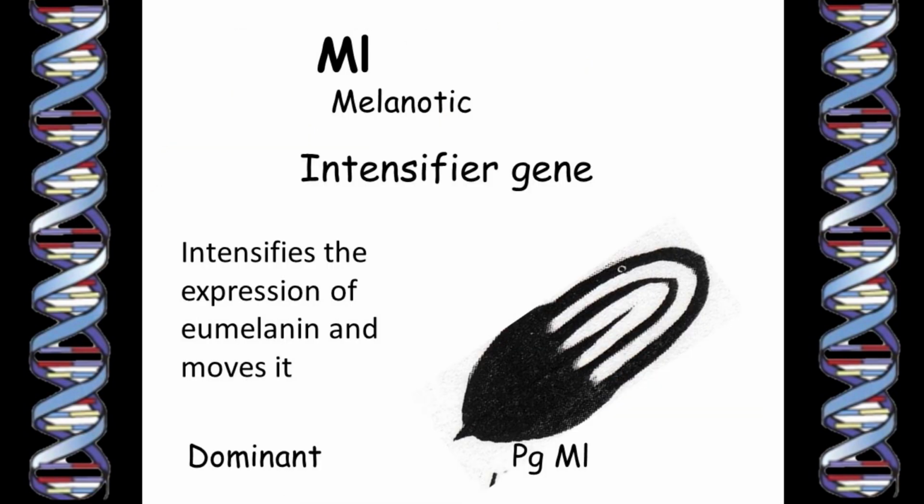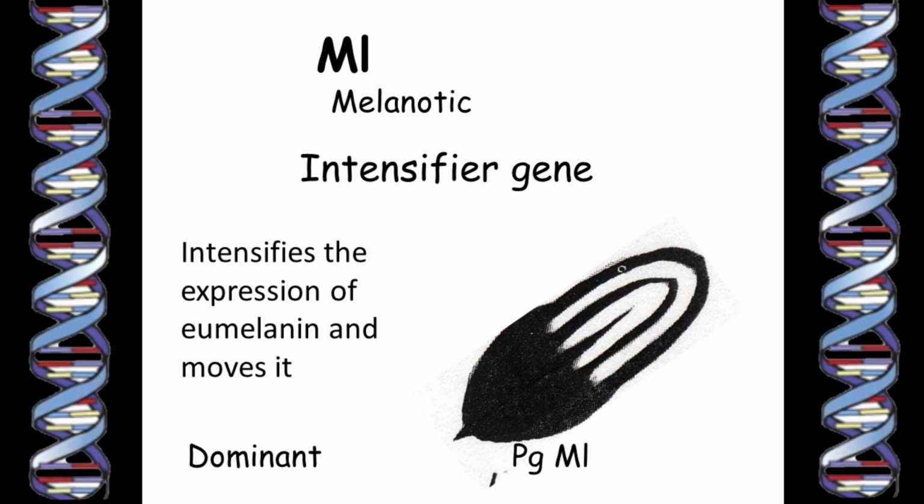The second gene we need to consider is the ML gene. ML stands for melanotic. It's also inherited as a dominant gene. ML works to intensify the black eumelanin and also move where the black lines appear.